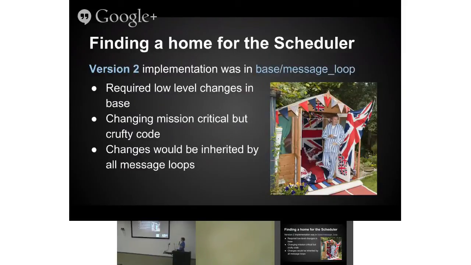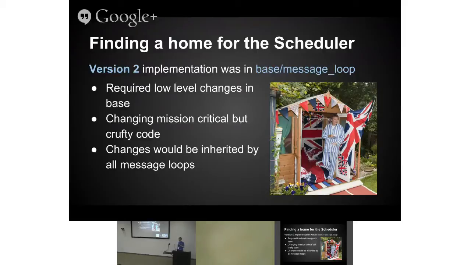So the next, version 2, was the idea of why not skip all the middlemen and just extend the base message loop directly, so that we can do our scheduling there. The idea is that you have the ultimate power there to do whatever you want, because the message loop is the thing that decides what gets to run. But after a while, we shied away from this because the message loop is used everywhere.